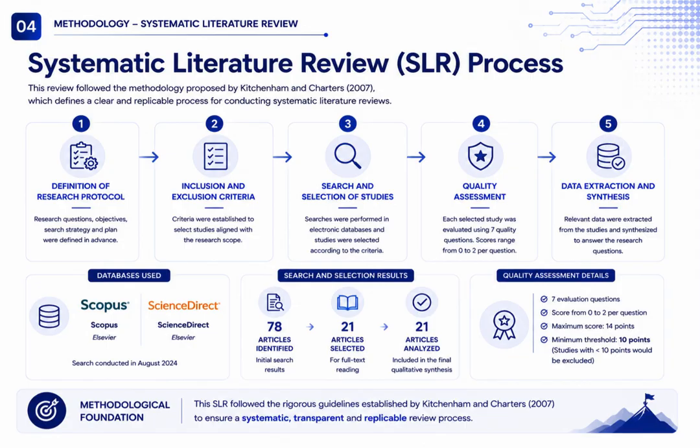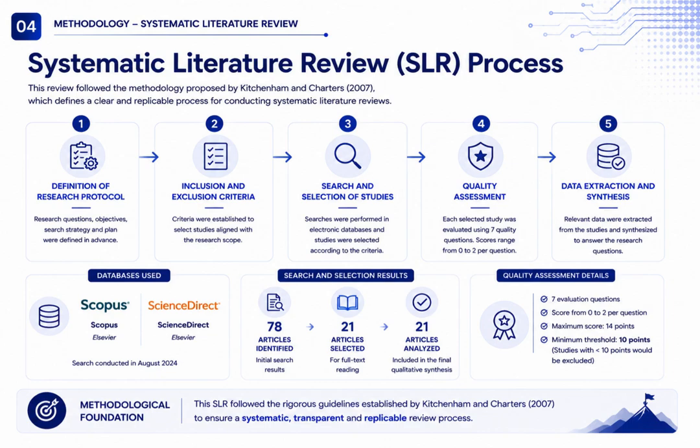To investigate the current state of the art, we conducted a systematic literature review following guidelines proposed by Kitchenham and Charters. This methodology provides a structured and replicable process for identifying, selecting, and synthesizing scientific evidence.